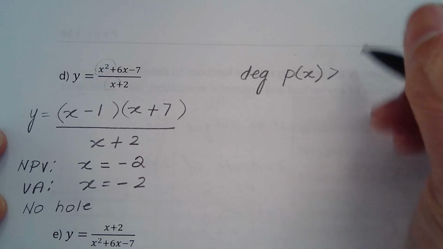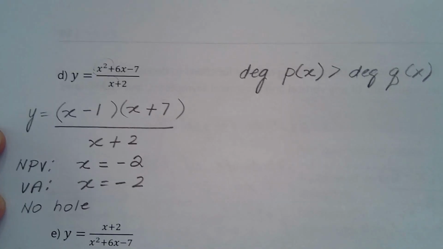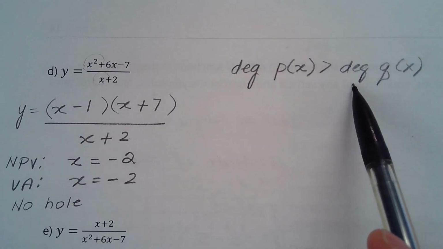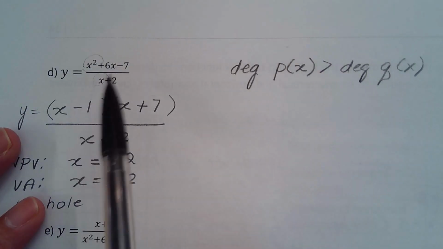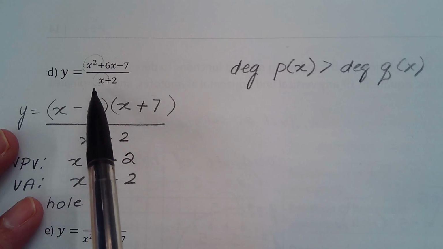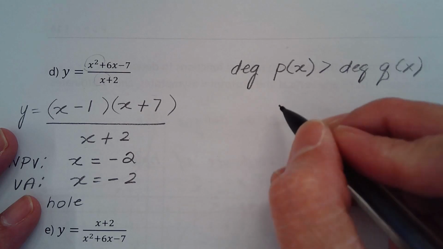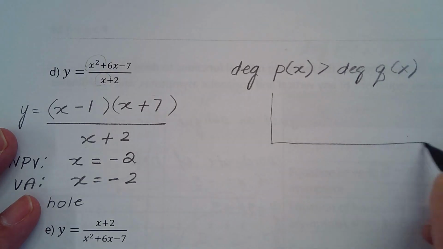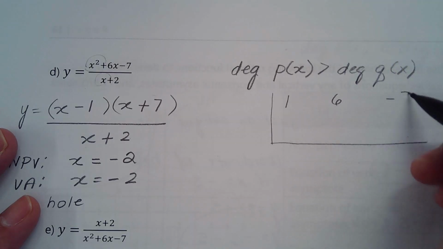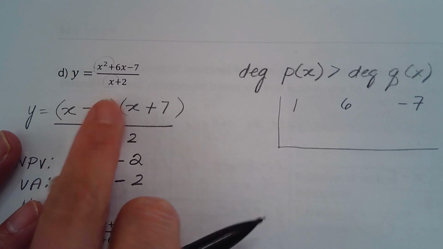Is greater than the degree of denominator, q of x. Then we're going to end up with an oblique asymptote. We have to perform a division in here. Oh, okay, we know how to do that. So how do we do that? You remember the dividing? It's 1, 6, -7. And what are we going to divide it by? It's a -2.